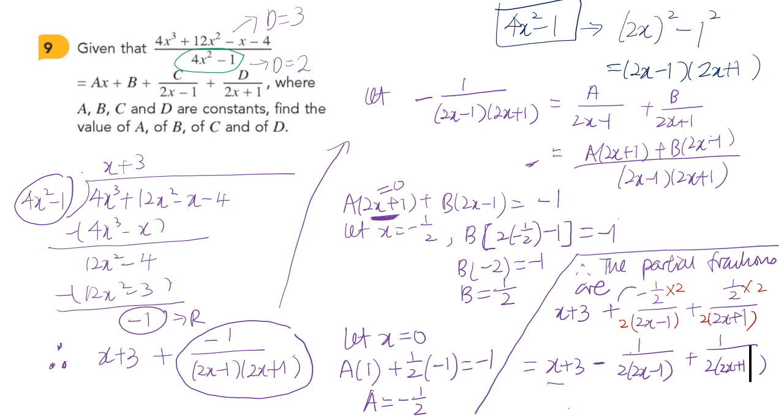We have to compare this one they have underlined with what you're given in the question. So from there, you can see that a is 1, b is 3, c will be negative 1 over 2, negative half, and d will be half.